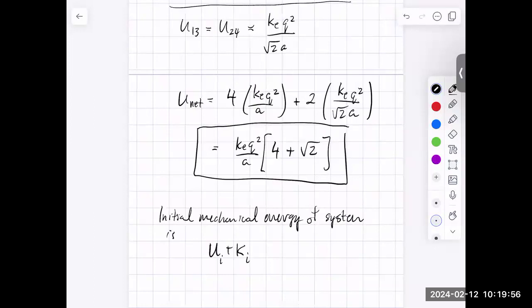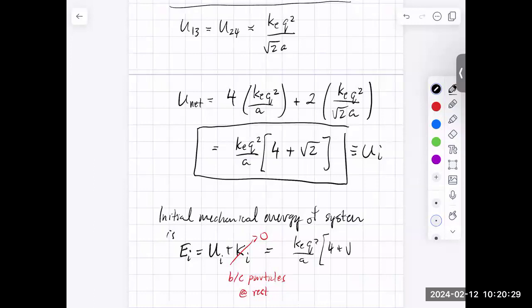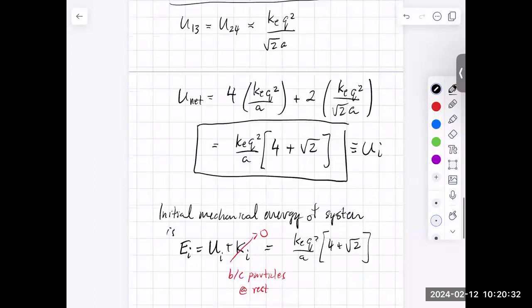But we already said this is going to be 0 because the particles are at rest. And so E initial is just going to be equal to this UI. The net potential energy before the particles are released is UI. And so that's all just equal to this kQ squared over A, 4 plus root 2, I think. Okay, good.